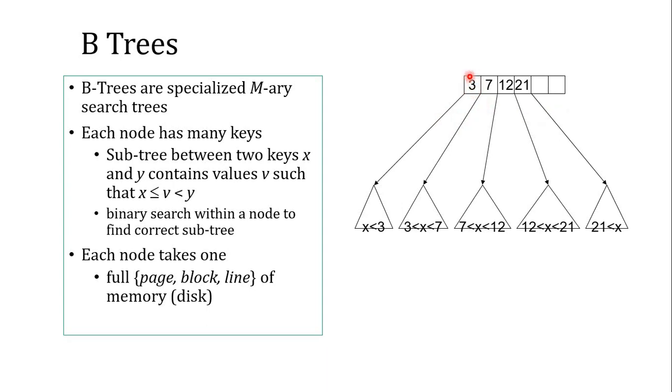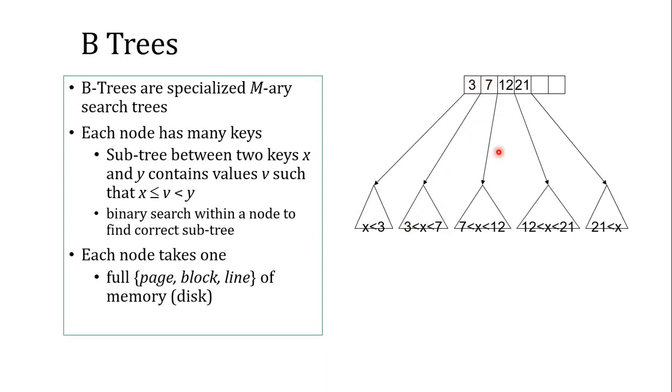The first key is 3, so its directed path is here, and the values of this node will always be less than 3, on the left side of this key. The values between keys are bounded by the keys on the left and the right. So 3 is less than x and x is less than 7, so x will be a value always greater than 3 and less than 7.